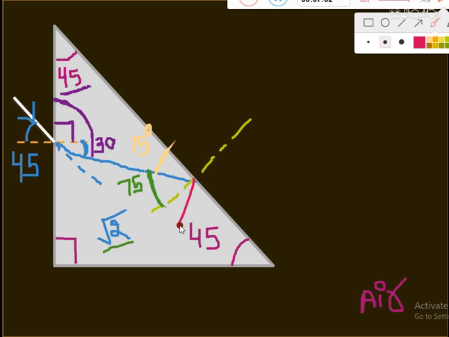So total internal reflection will happen here, and this angle will be obviously 75.